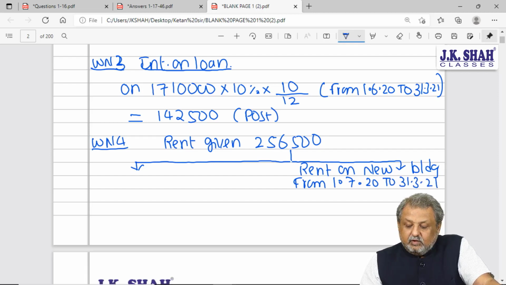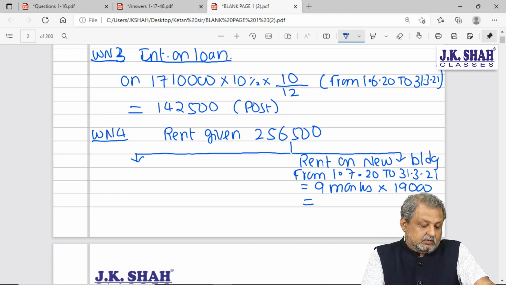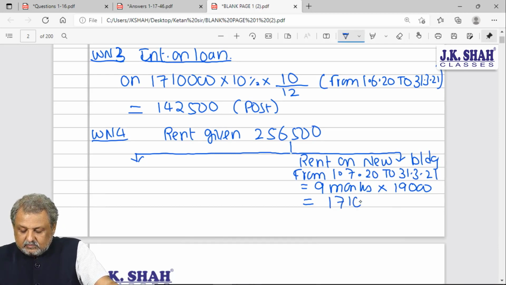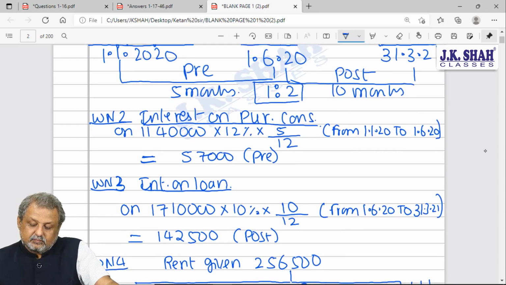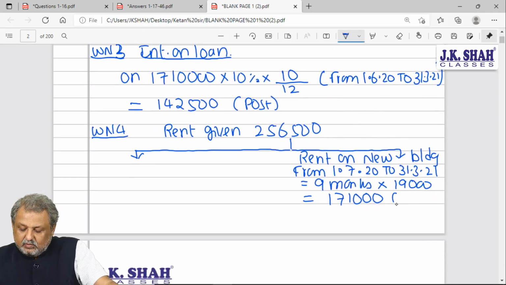That will be for how many months? 9 months into 19,000. 19,000 into 9, 1,71,000. Look at the time ratio. Entire from July to March is post period. So this will go in post period.